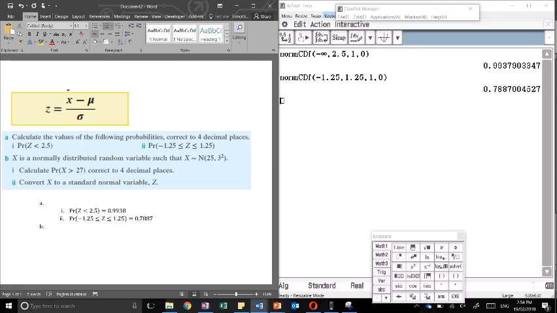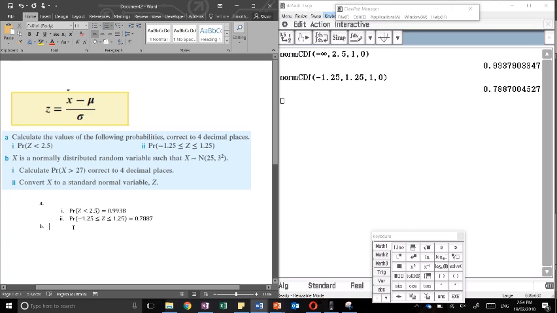Alright, part B. X is a normally distributed random variable such that X is a normal distribution, and the way this reads is you have the mean and then the variance.